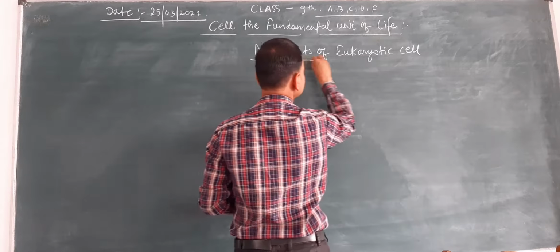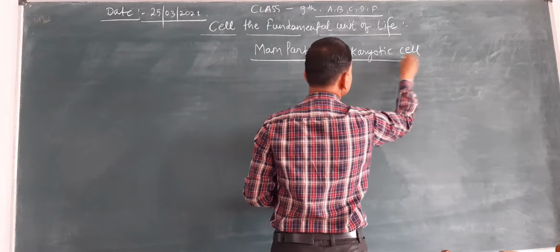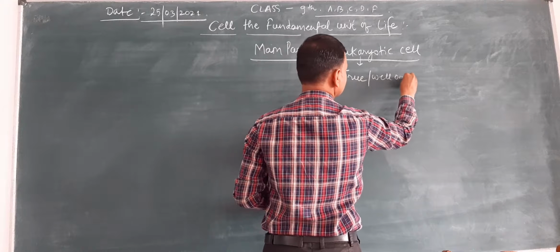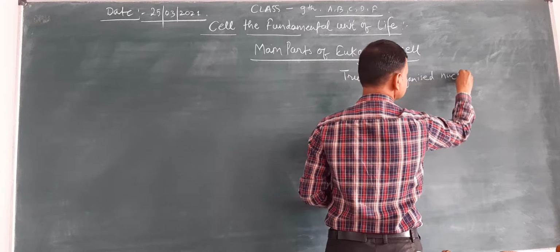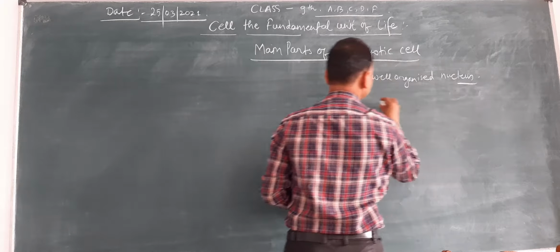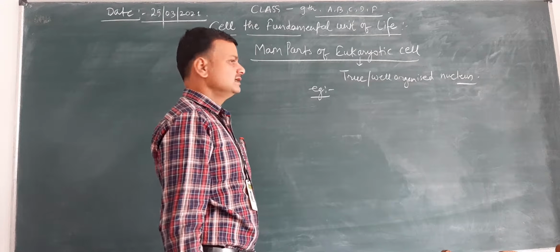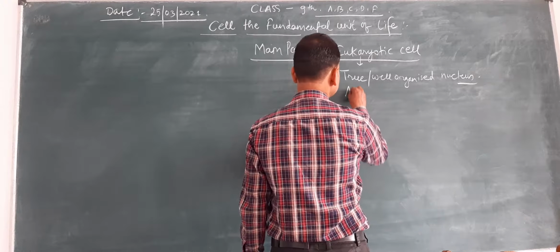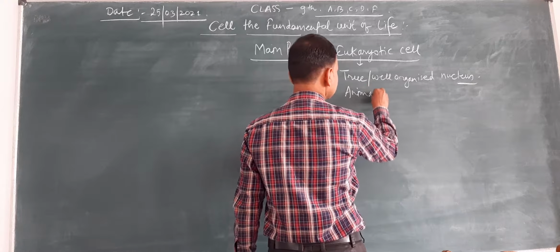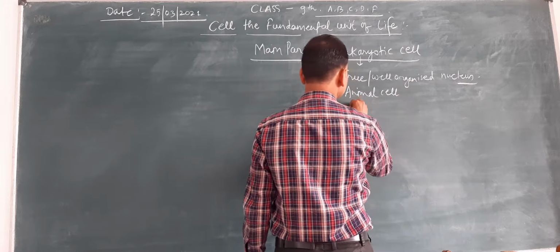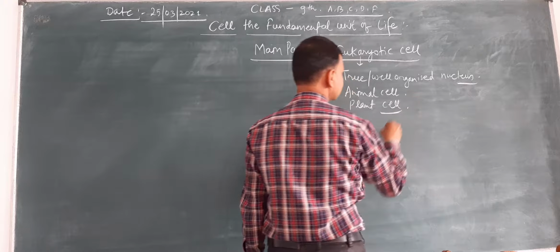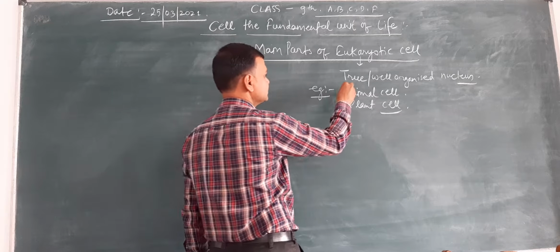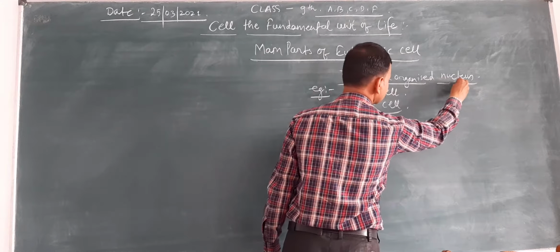If you do remember, eukaryotic cells are those cells which have a true or well organized nucleus, and the best examples are an animal cell or a plant cell. These are the two common examples of a eukaryotic cell. In this cell, the nucleus is well organized.